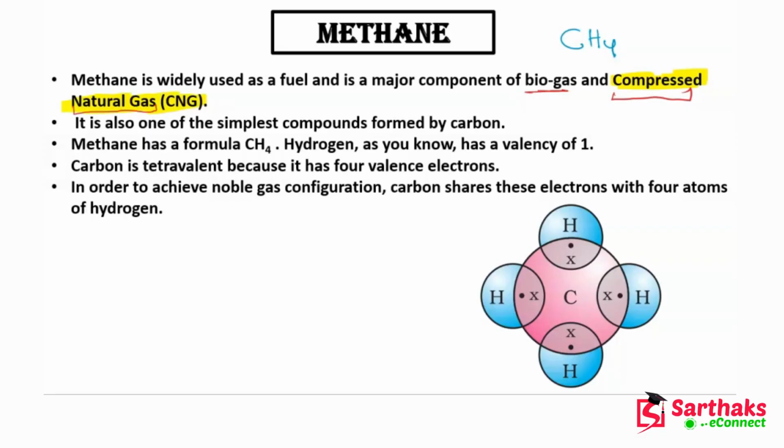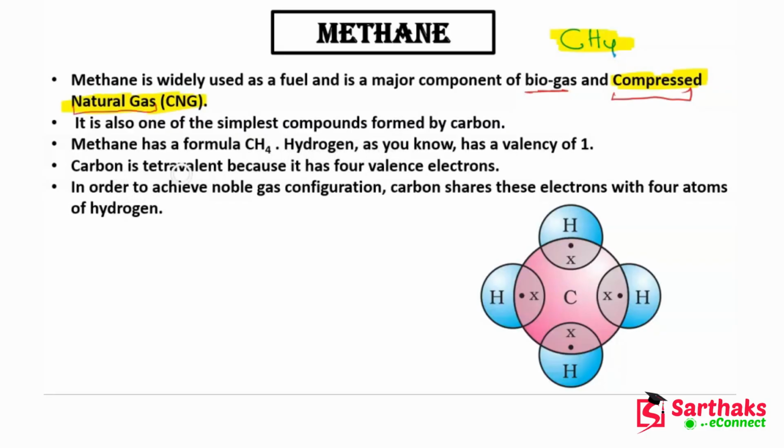CNG, the full form is compressed natural gas, and methane is a major component of these two gases, biogas and compressed natural gas. So that is the reason it becomes very important to understand CH4. Now guys, you can see that it is also one of the simplest compounds formed by carbon, and methane has the formula CH4, as I told you already.